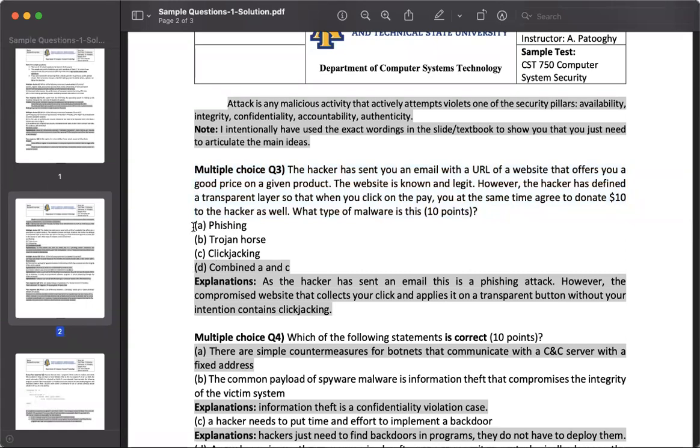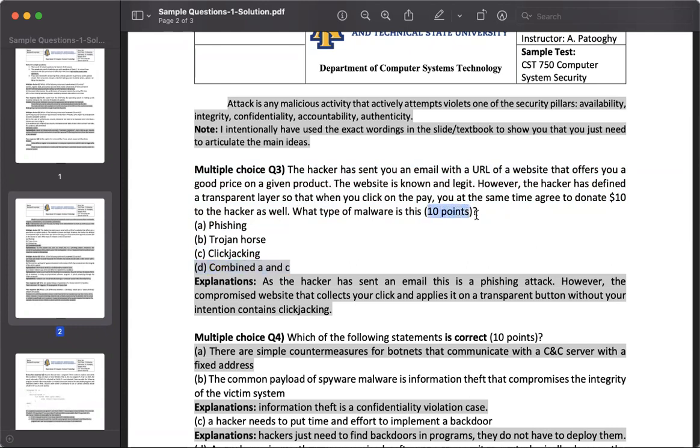If someone says only phishing, they'll receive 70% of their score for this question. If they say C, they receive 70% of this 10 points, which is 7 points. And if they say D, they receive the whole 10 points.